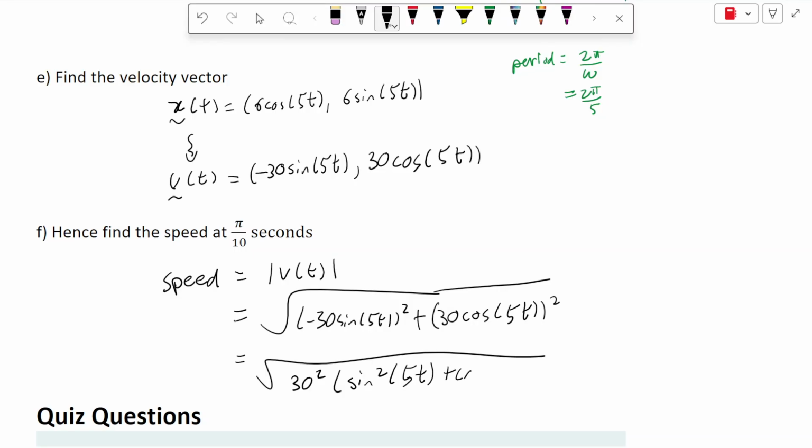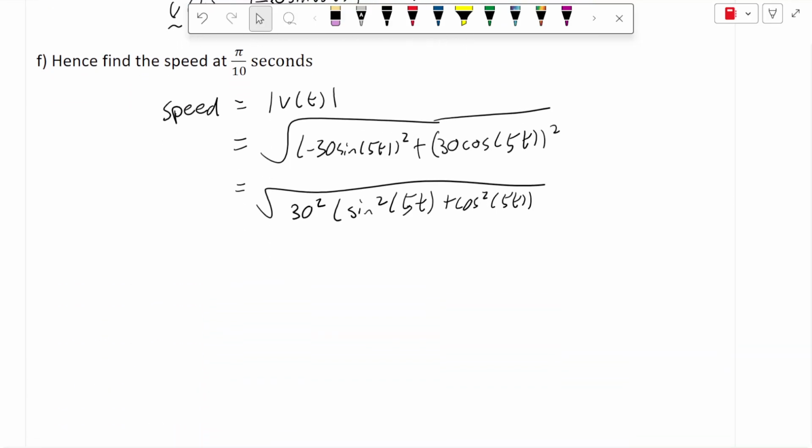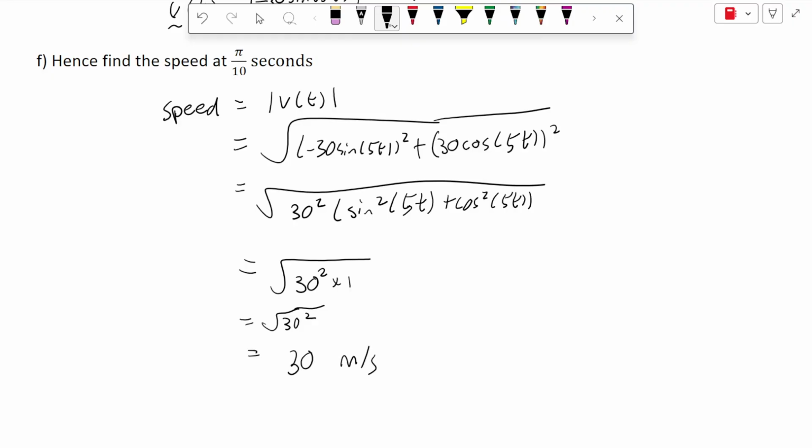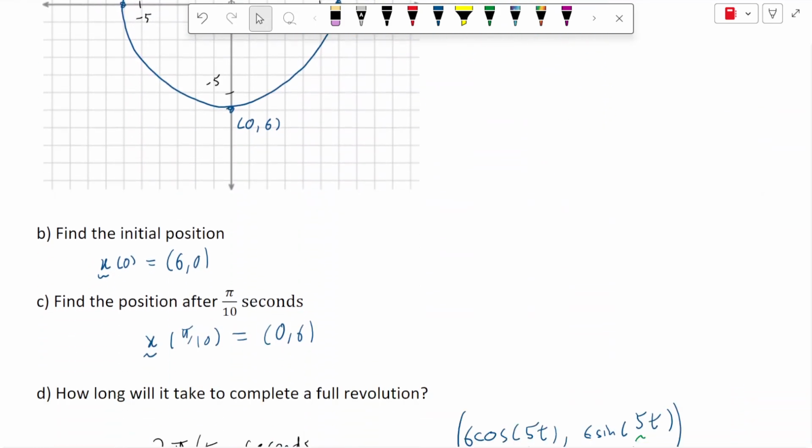The sine squared plus cos squared is actually just 1. And this is why it's really good to practice the trig parametrization. So it's root of 30 squared, which is 30 meters per second. It's a very quick ice skater. It's not the most realistic problem, but there we go.